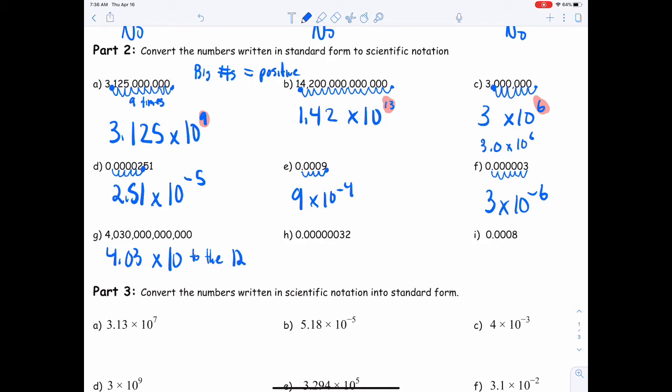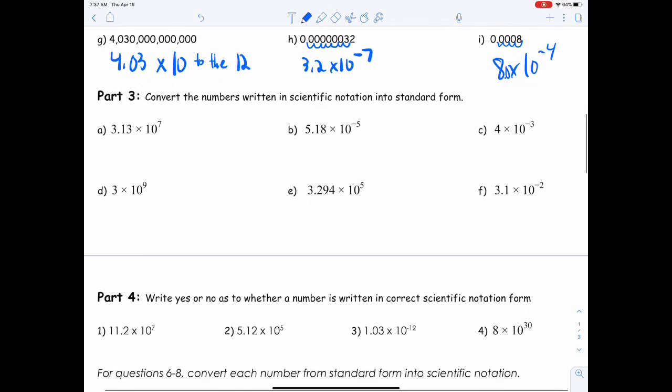This one you should get 1, 2, 3, 4, 5, 6, 7 moves. So it's going to be 3.2 times 10 to the negative 7th. It's a small number. And then this one, 1, 2, 3, 4. 8 times 10 to the negative 4th. Or 8.0. I'll do 8.0 there.